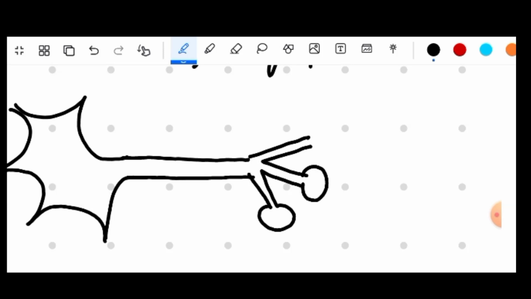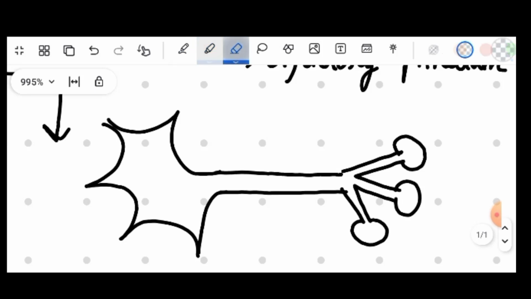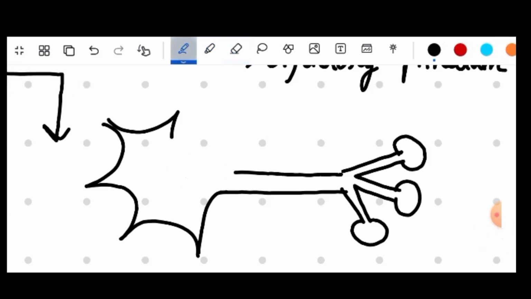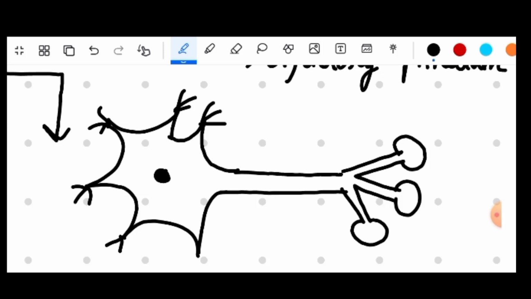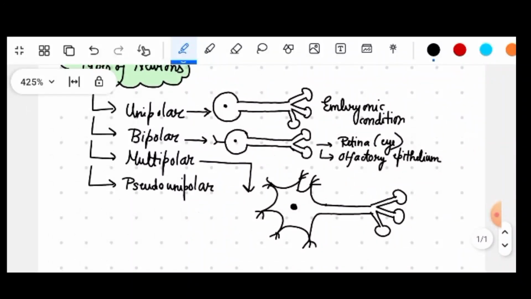We'll just rectify it a bit. This is the nucleus, and we have multiple dendrites here, more than two. These are the multipolar neurons.